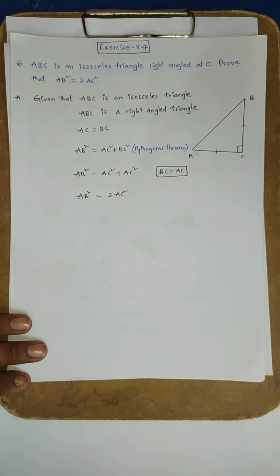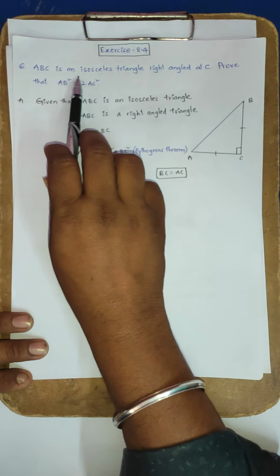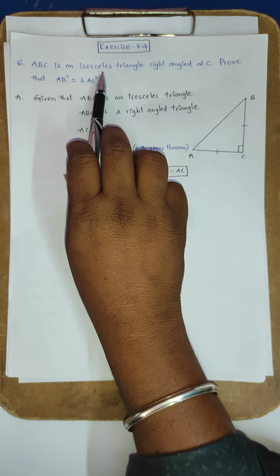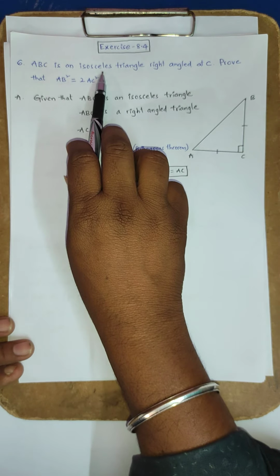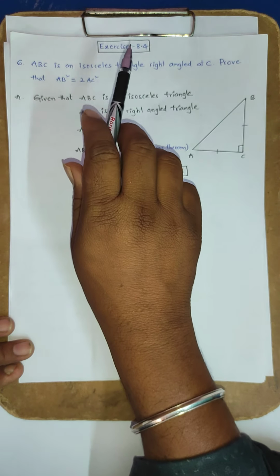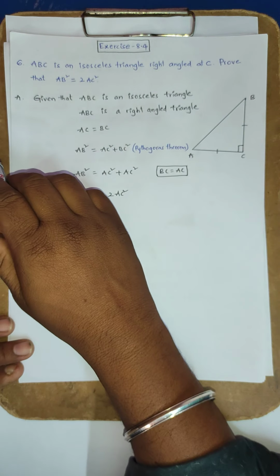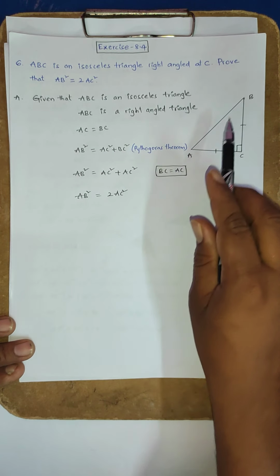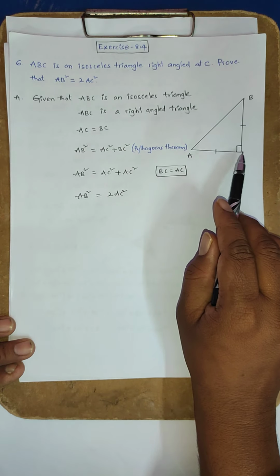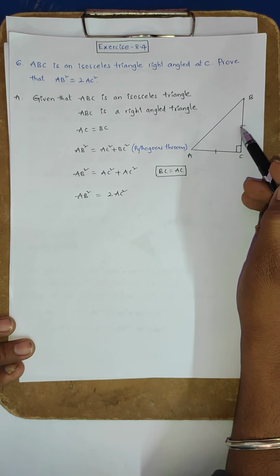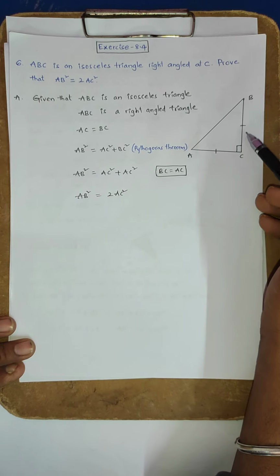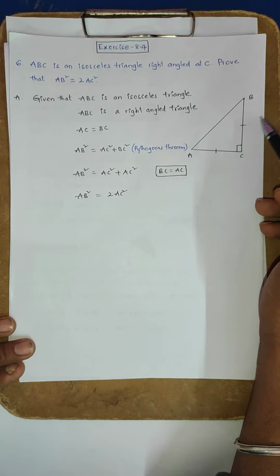Next, sixth problem. ABC is an isosceles triangle. Isosceles triangle means a triangle in which two sides are of the same length. In this triangle ABC, AC equals BC. This small hyphen means the lengths of these sides are the same.